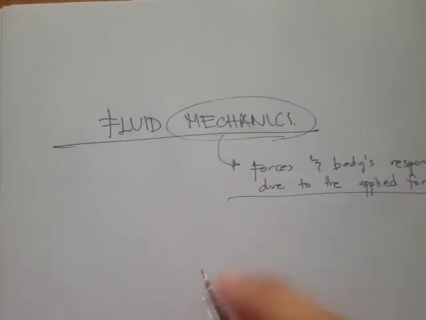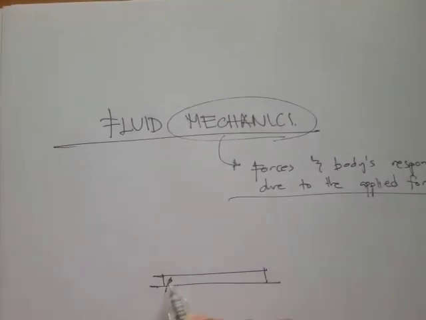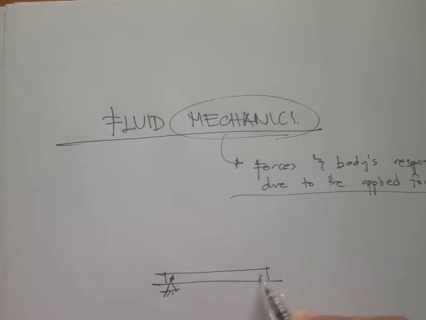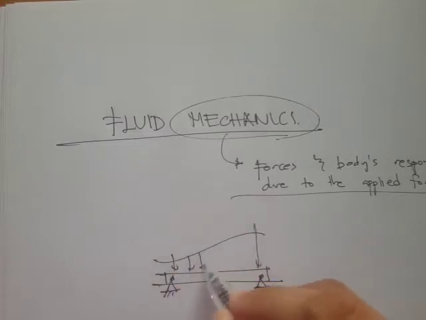Now, in your statics, let's say we have a beam right here, and it's simply supported, and it is subjected to flexural loads, transverse loads. For now, let's assume that this body is a rigid body.